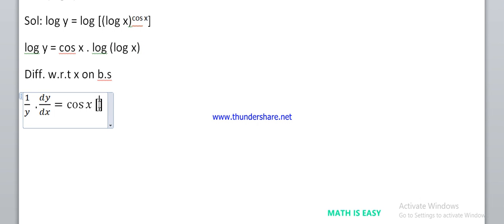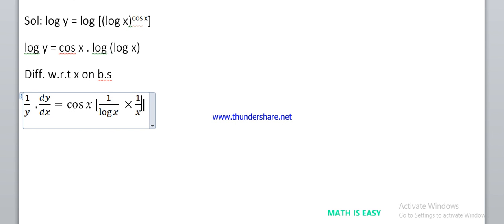Derivative of log theta is 1 upon theta multiplied by derivative of theta. Derivative of theta means derivative of log x. Derivative of log x is 1 upon x. Okay.